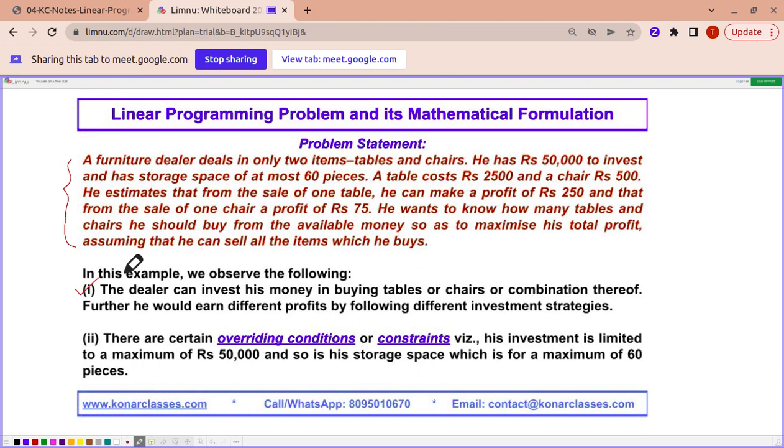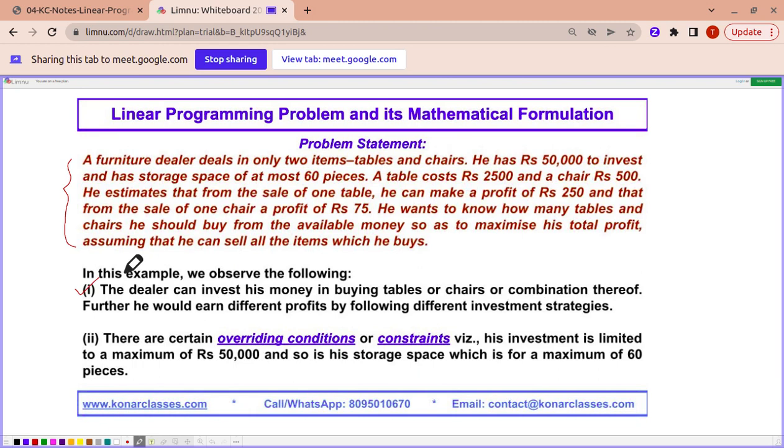Further, he would earn different profits by following different investment strategies. If he purchased all the chairs, the profit will be something different. If he purchased all the tables, the profit will be something different. If he makes use of some combination of chairs and tables, the profit will be different.